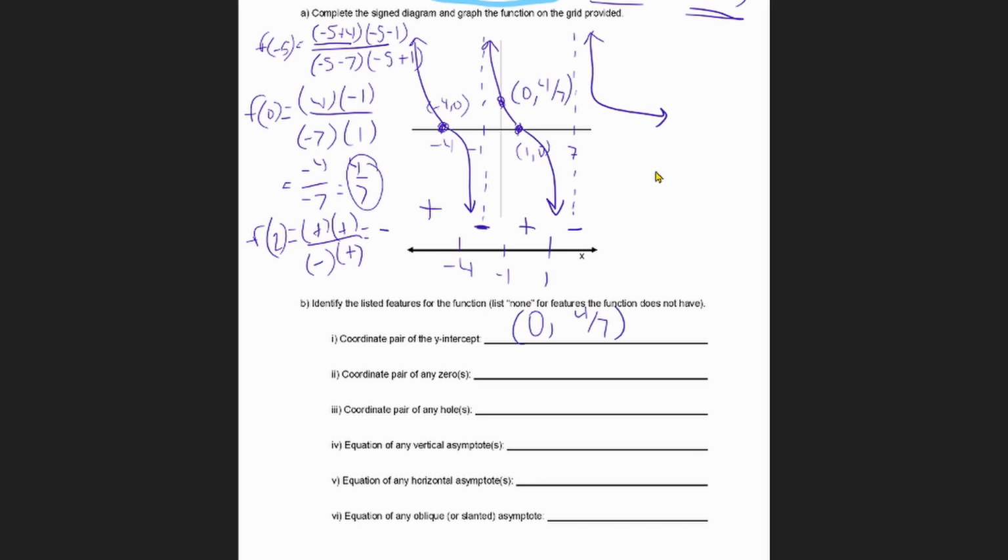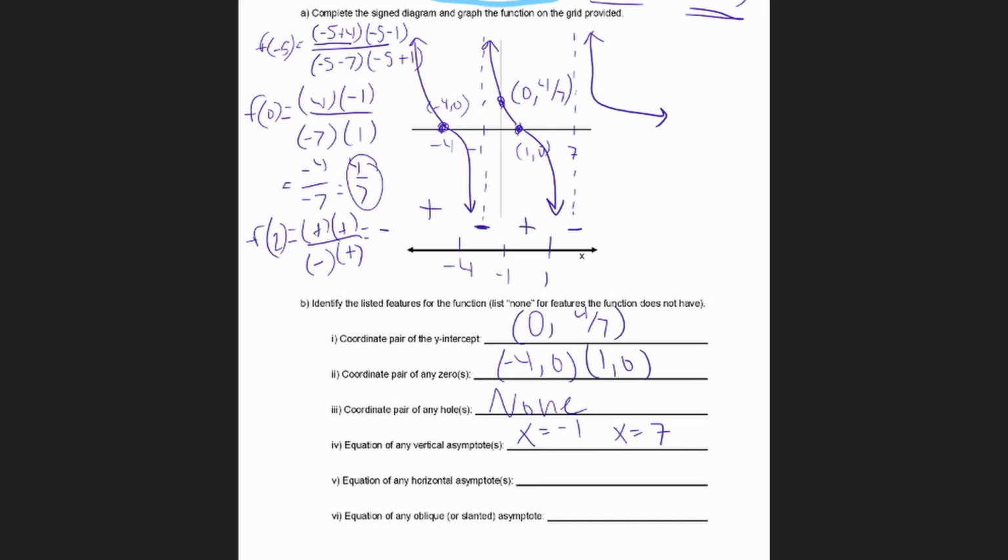Then it asks for the pair of any zeros, and we found those already. We have (negative 4, 0) and (1, 0). Then it says coordinate pair of any holes. We have none. Equation of any vertical asymptotes. So that's at x equals negative 1 and x equals 7.